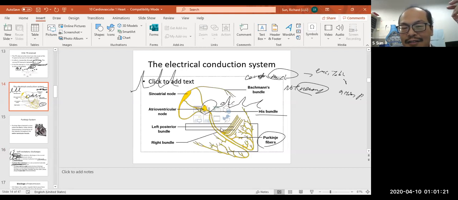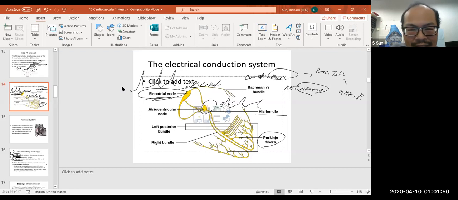So the others are dominated by the SA node. Even though they have a tendency to generate action potentials, before they generate their own, they are dominated by the SA node. That's why the SA node is called the pacemaker. It generates this pace.